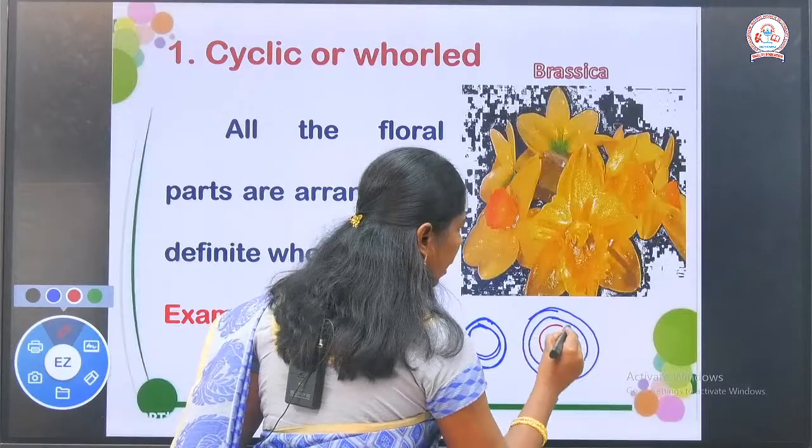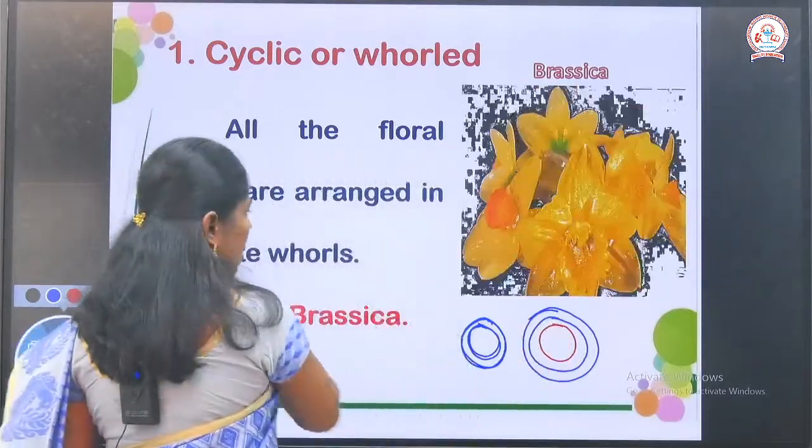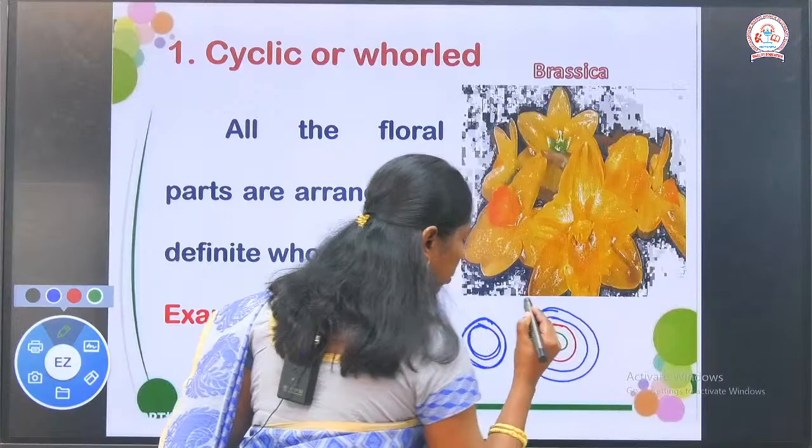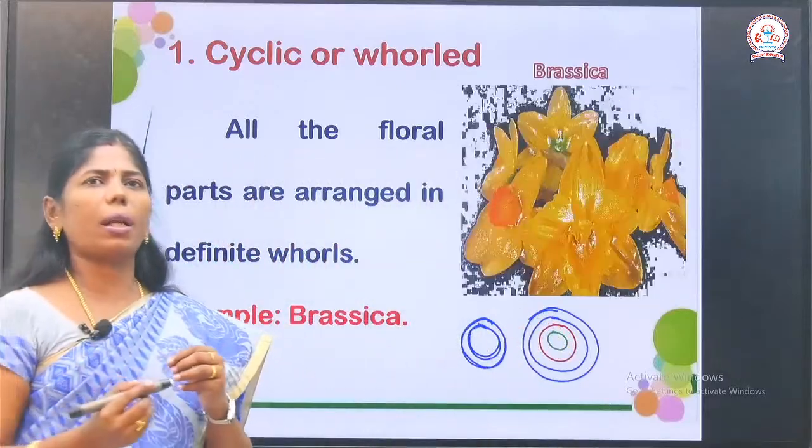The third whorl is the androecium, and the fourth whorl is your gynoecium. Each and every whorl is arranged here.